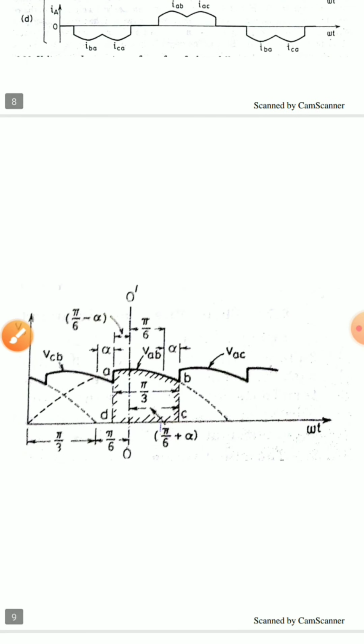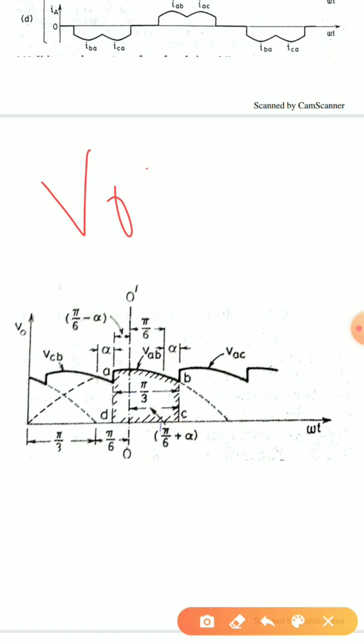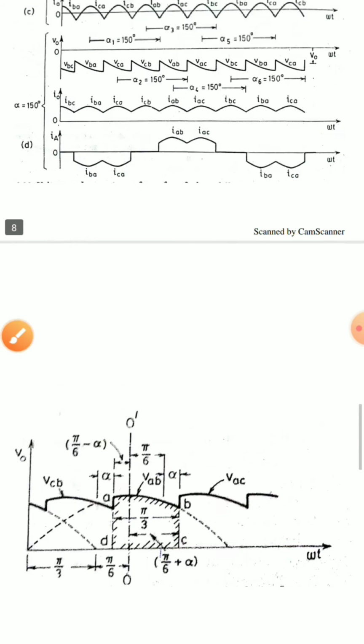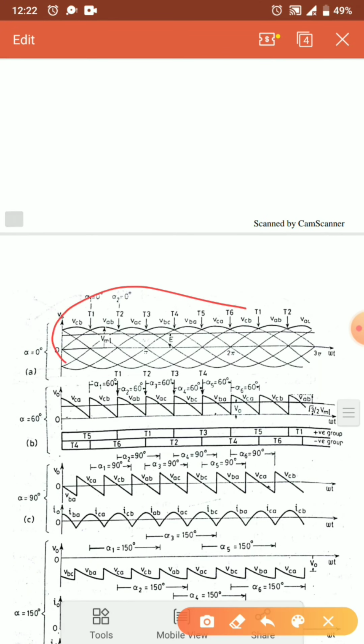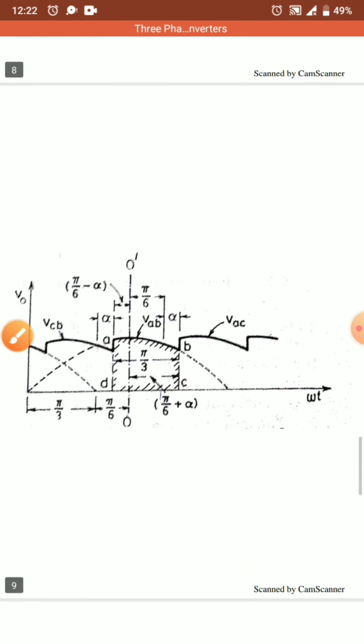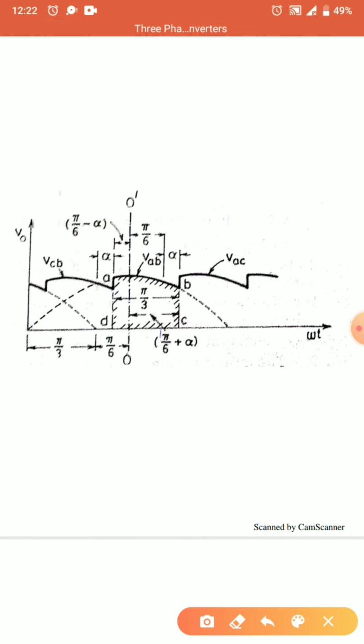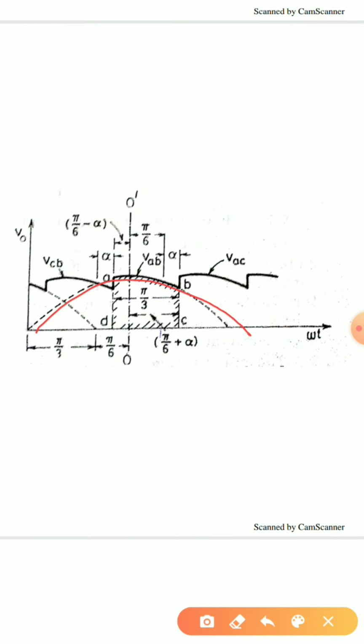Now let us look at how we'll get the expression for average voltage. What I have done is I have taken this portion and resketched it over here. Now we clearly see that this is one half cycle of 180 degree. I am considering this to be the origin.